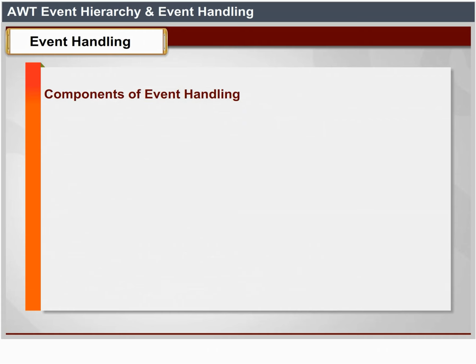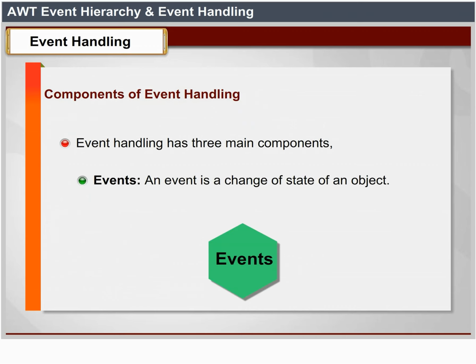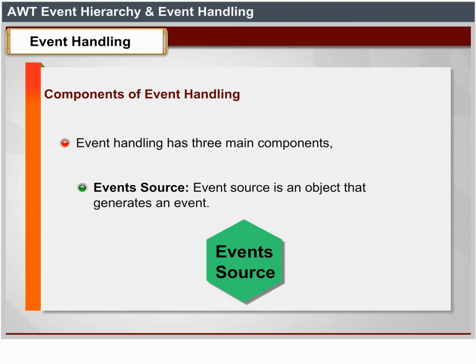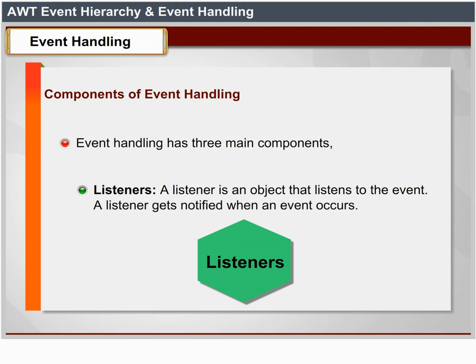Components of event handling: event handling has three main components. Events: an event is a change of state of an object. Event source: an event source is an object that generates an event. Listeners: a listener is an object that listens to the event. A listener gets notified when an event occurs.